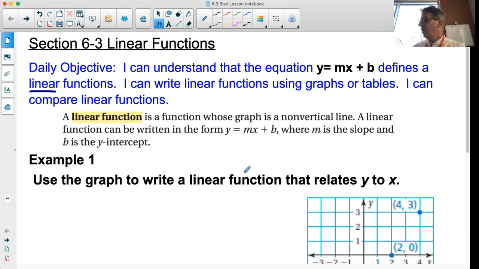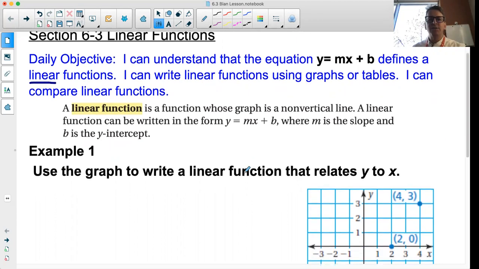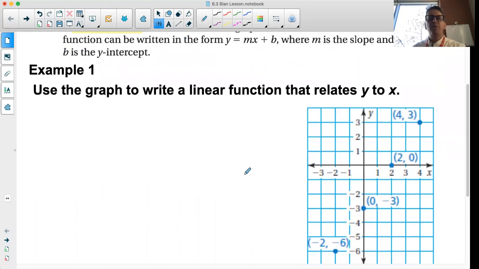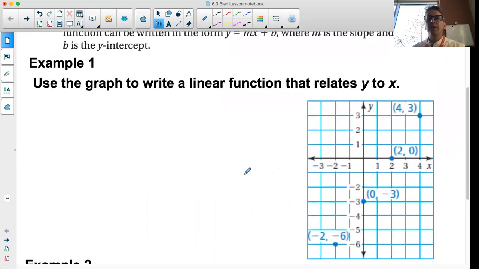Example 1 is from page 258 in your book. It says, use the graph to write a linear function that relates y to x. Okay, so we have two components with these questions: our rate of change, our slope, our m, and our intercept.